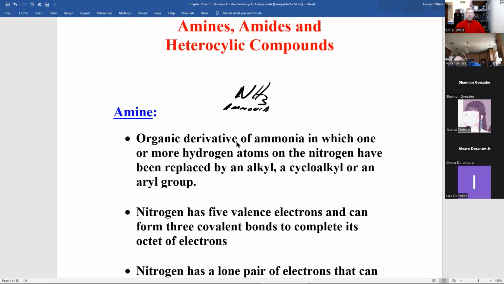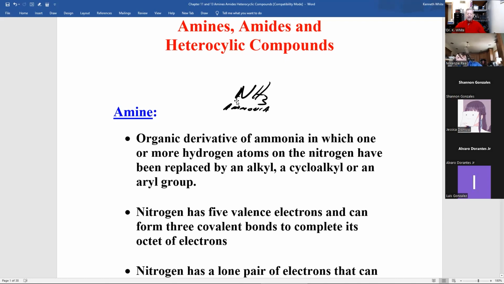And amines are where you replace the hydrogens with carbons: alkyl, cycloalkyl, aryl amines, benzene rings. Oh, and I'll also talk about what's the best mouthwash to keep your gums and everything free of problems. And I'll also talk about stuff they use in hospitals. Wow, we're going to talk about a lot of stuff.